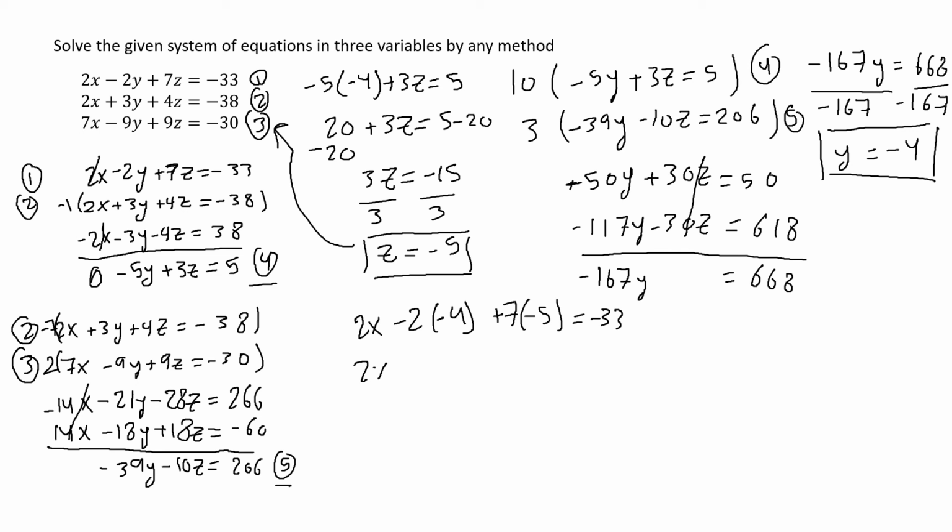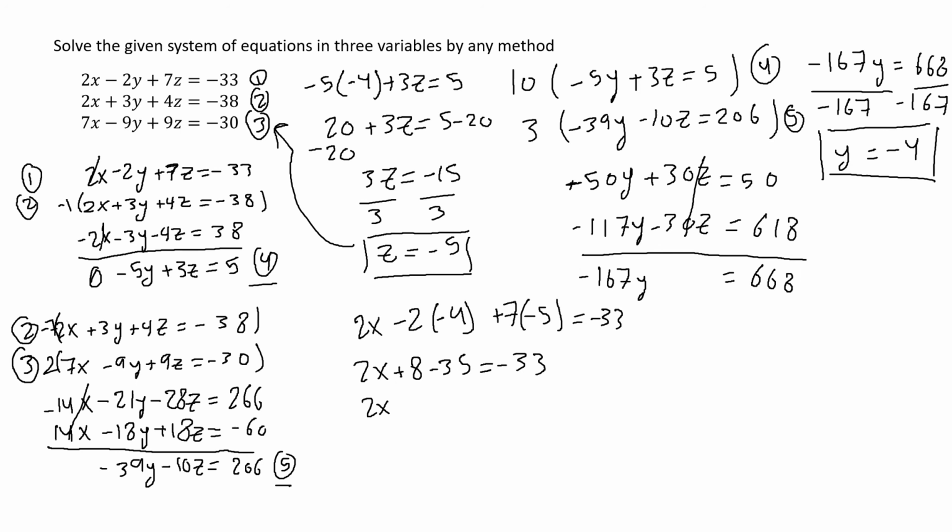So 2 times negative 4 is negative 8, with a negative it becomes positive 8, and then 7 times negative 5 is negative 35, equal to negative 33. So we have 2x.